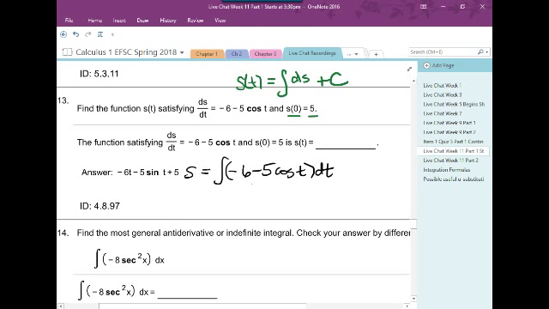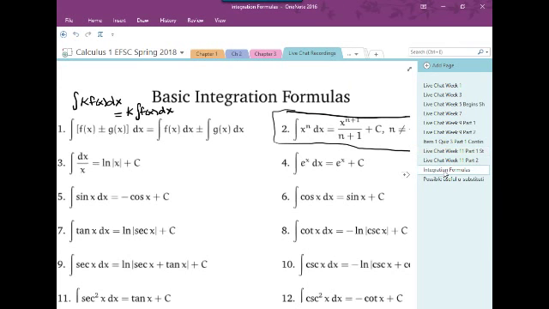All right, so how do you integrate negative 6? Well, what do you take the derivative of that would give you negative 6? That would just be negative 6t, right? This negative 5, the coefficient of the cosine, is going to stay the same. And we have a formula for the integral of a cosine, right? Remember, the integral of cosine is just sine.